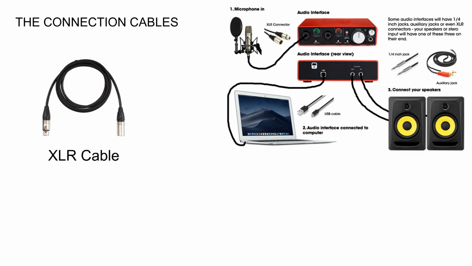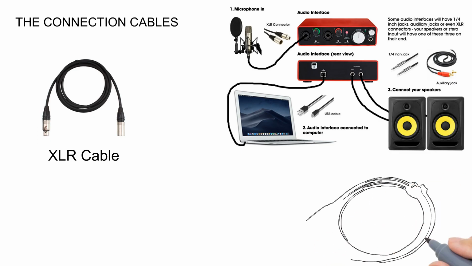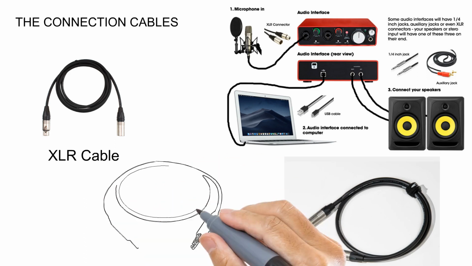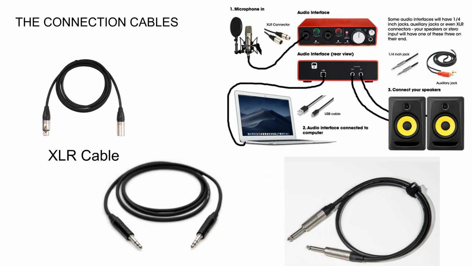Then there is a cable for connecting your speakers. There is a 1/4 inch cable, and there is the other one, the balanced stereo cable. As you can see, the difference is that this one has rings. You see, it has 2 rings.